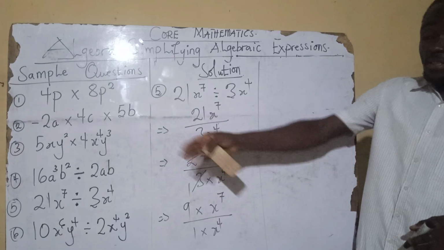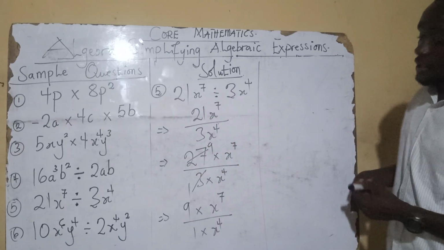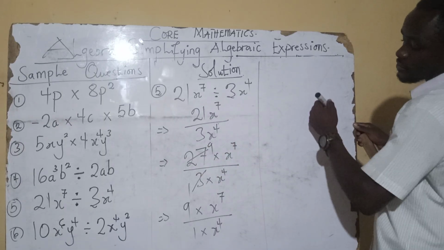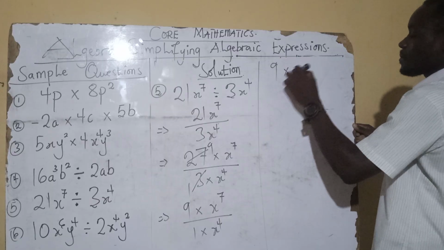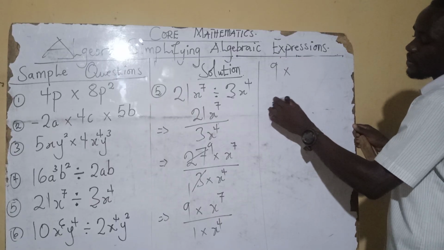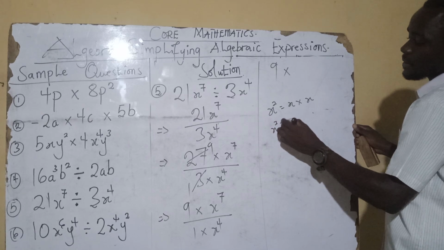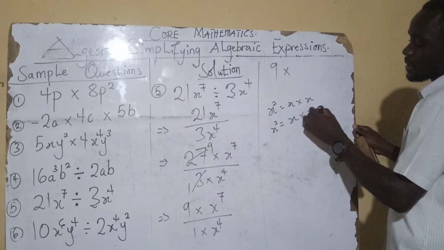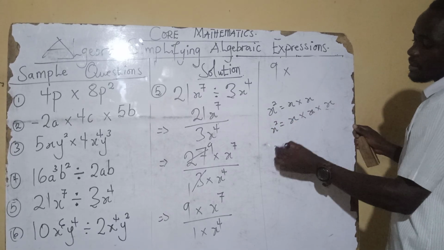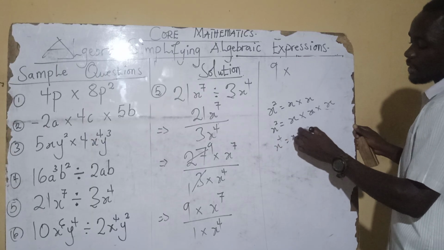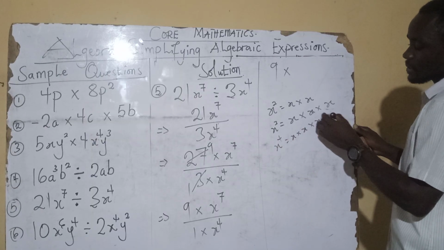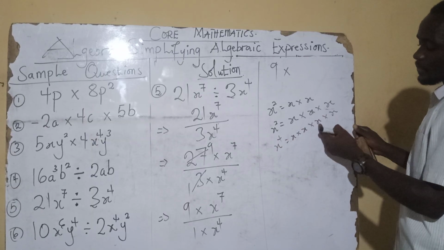So as we did for question number 4, we are going to apply the same concept here. Now we have 7 multiplying, see, x squared means x times x. x cubed means x times x times x. x⁴ means x times x times x times x. 1, 2, 3, 4.